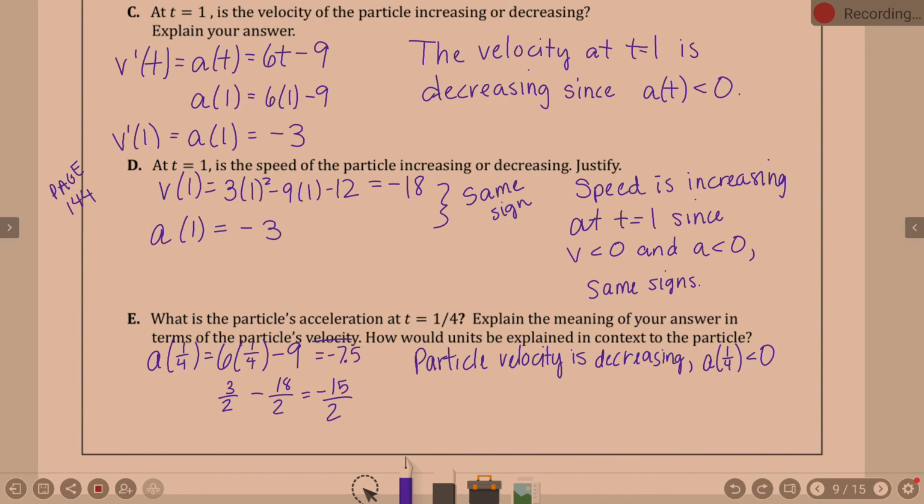How would units be explained in context of this particle? Let me ask this. How do we talk about units of acceleration?